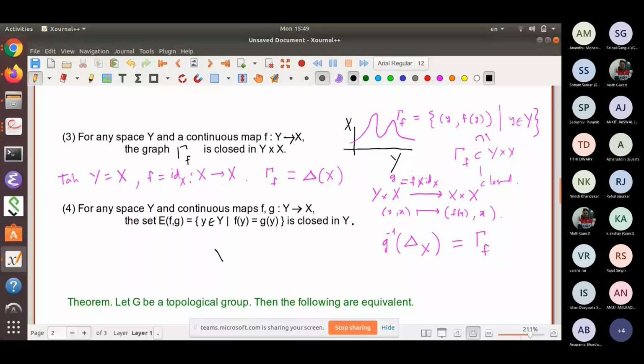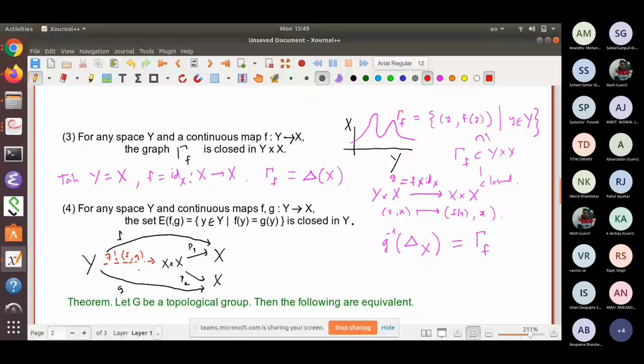So I have X, I have X, I have X cross X, and I have the two projections P1, P2. On the other hand, I have Y and I have the two maps f and g. Therefore, by the universal property of product, there exists a unique map, and that map you will write as (f, g), making this and this commute.